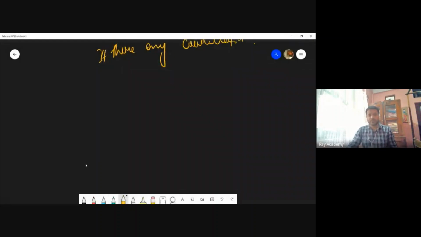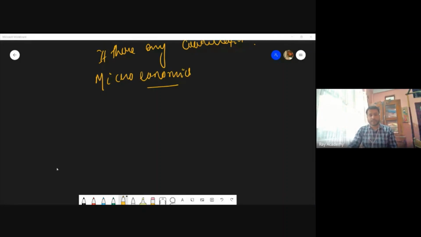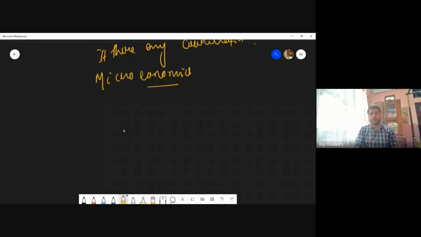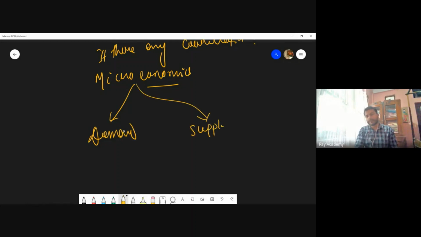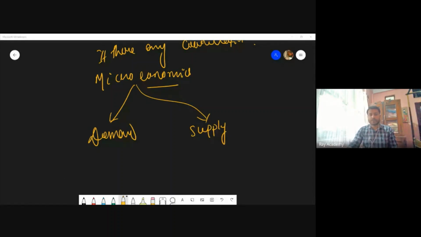First thing first, we have understood micro and macro. Now we will talk about what we will understand in microeconomics. The first thing we will understand is demand and supply.